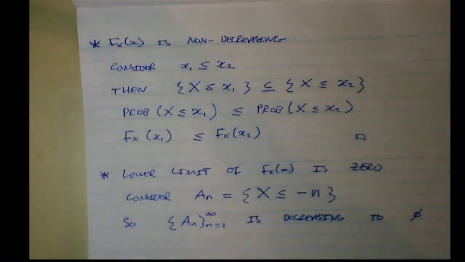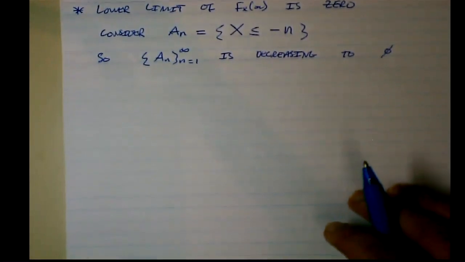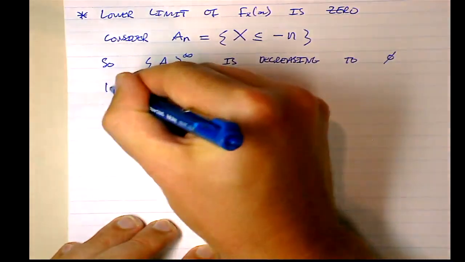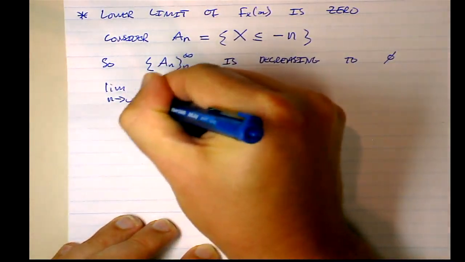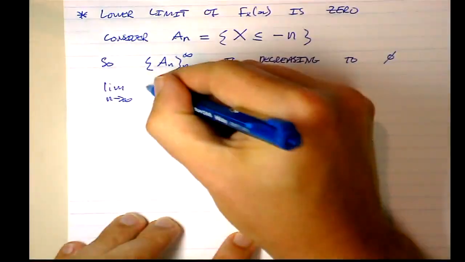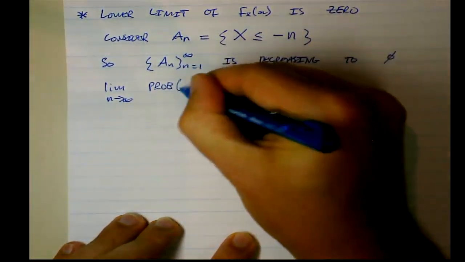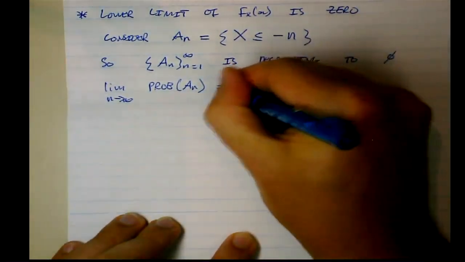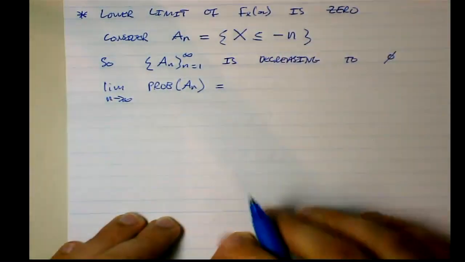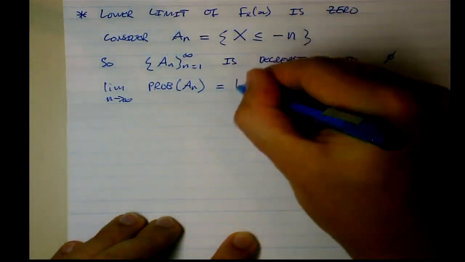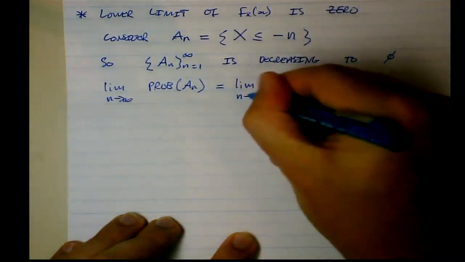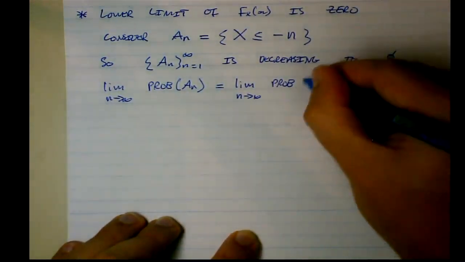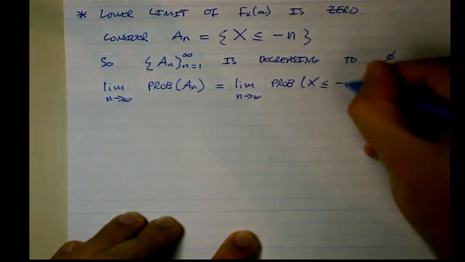So now, let us use the continuity of probability which we derived earlier. That is, the limit as n goes to infinity of the probability of A_n is, well, the limit as n goes to infinity of the probability X less than or equal to minus n.